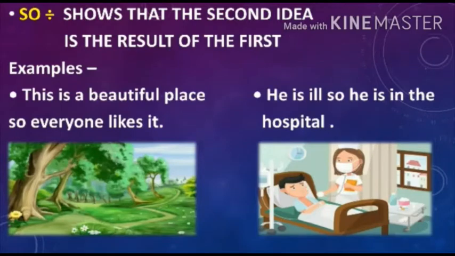He is ill, so he is in the hospital. Here, he is in the hospital is the result of his status. And what is his status? That he is ill. So here we have to understand, whenever we see the result of a previous action, we must use the conjunction so. So is used to show the result of the first action.